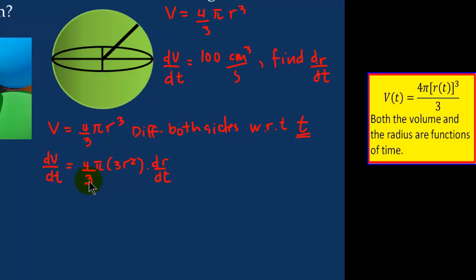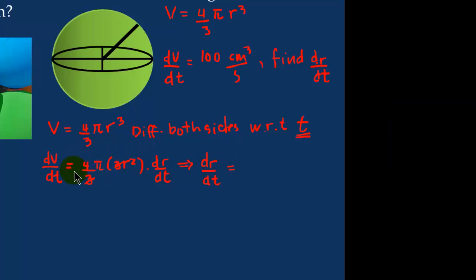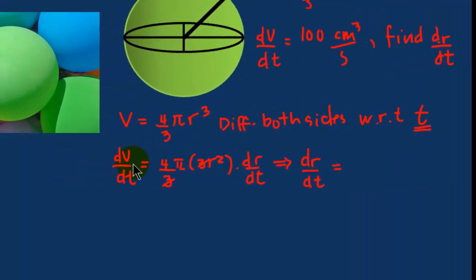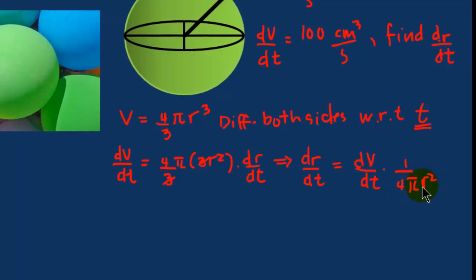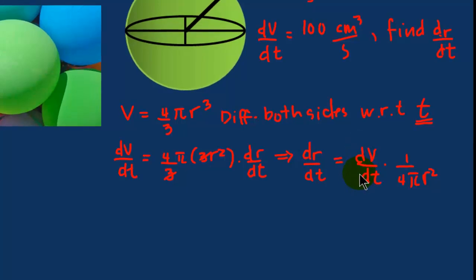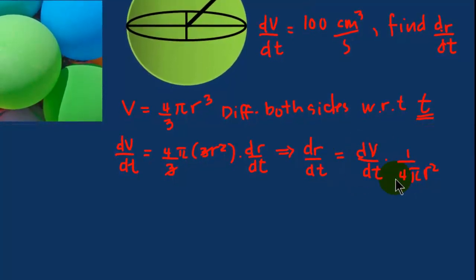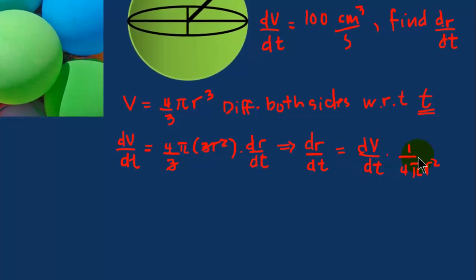So if we simplify a few things here, and if I solve for dr by dt, we multiply both sides by the reciprocal of the coefficient of dr by dt, and that's equal to, well, let's go ahead and put dV by dt here. So multiply by the reciprocal of all this, which is 1/4 pi r squared. And now that we have differentiated and solved for dr by dt, we can substitute all that is given.